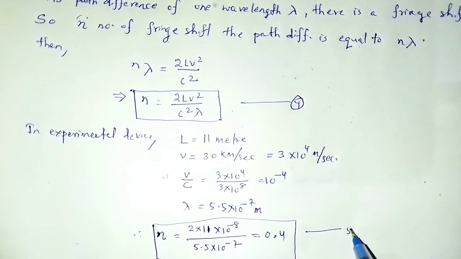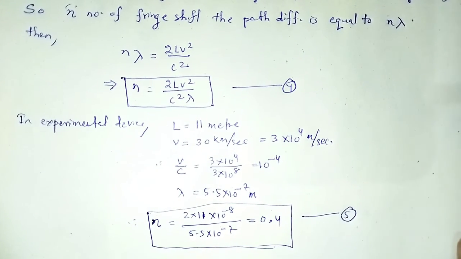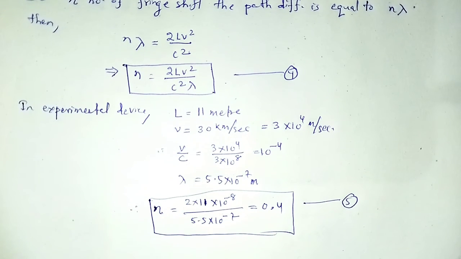In the Michelson-Morley interferometer, the interferometer was capable of detecting a fringe shift as small as 0.01 of a fringe. So a fringe shift of 0.4 could have been easily detected by the apparatus.